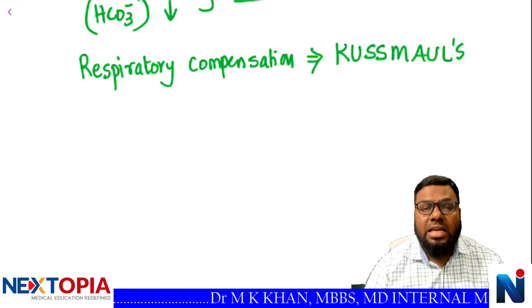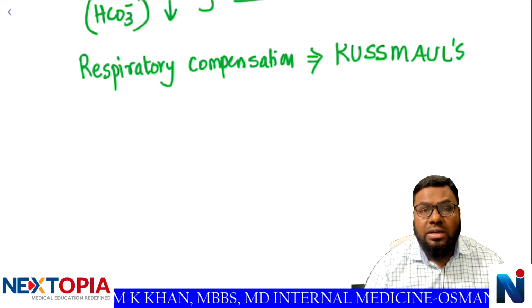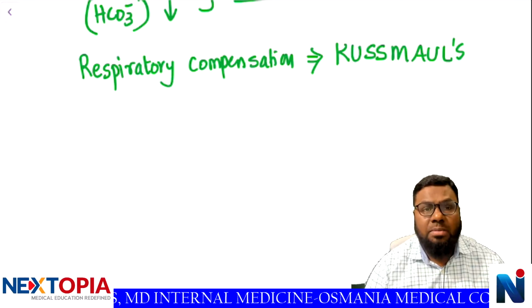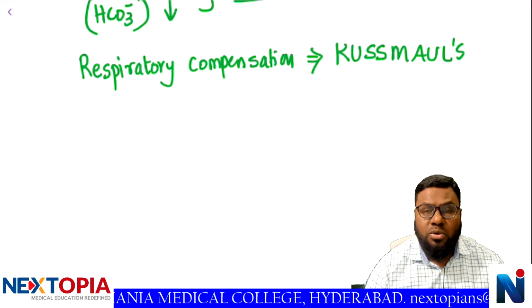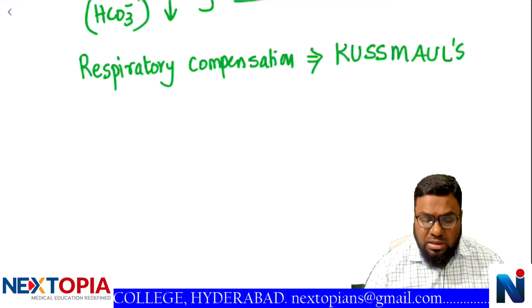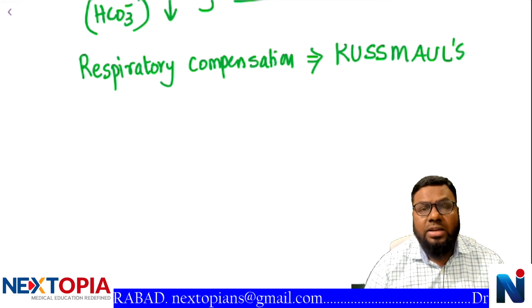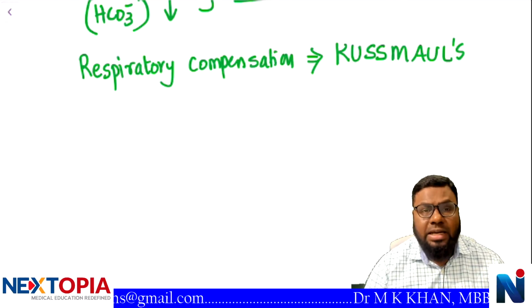Kussmaul's breathing is a deep inspiratory drive, deep and rapid inspiration, with pH less than 7.2, with bicarbonate low. Your diagnosis is diabetic ketoacidosis.